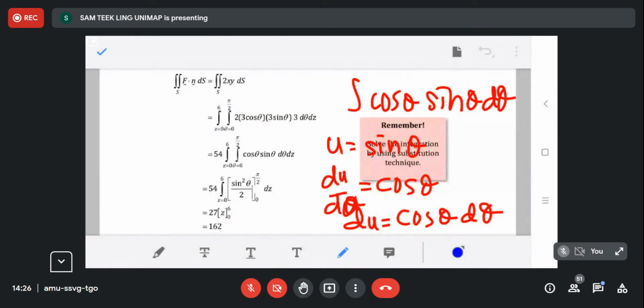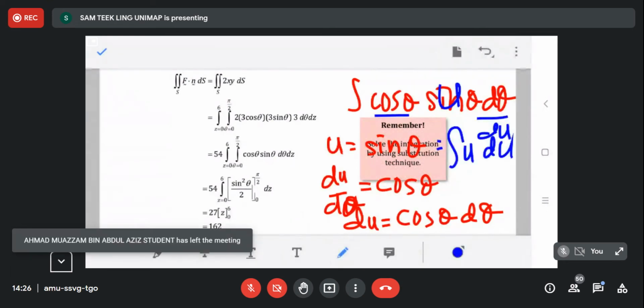So sine is replaced by u, then cos theta d theta is du. So this is the integral of u du. Your sine you replace by u, and your cos theta d theta you replace by du. So where? How?